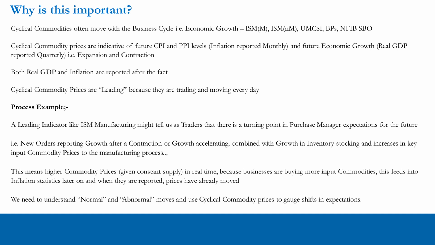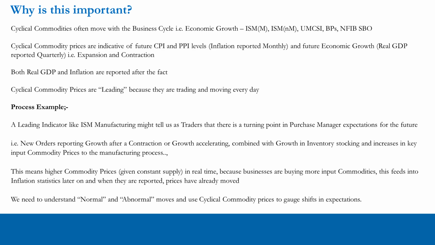The cyclical commodity prices themselves are indicative of future CPI and PPI levels, which are reported monthly, and future economic growth, so real GDP, reported quarterly, meaning expansion and contraction in the economy. Both real GDP and inflation are reported after the fact.